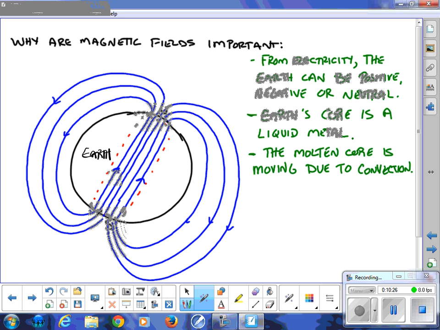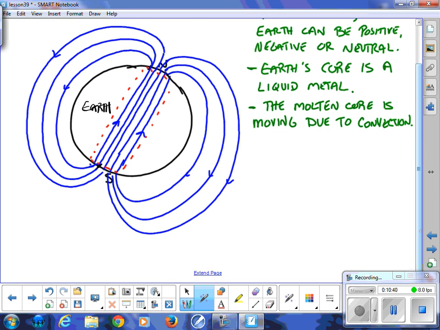From electricity, we know the Earth can be positive or negative or neutral, as we learned back in grade 9 or 10. The Earth's core is a liquid metal, and the molten core is moving due to convection. That motion is a combination of electrical and magnetic characteristics that creates the magnetic field surrounding the Earth.